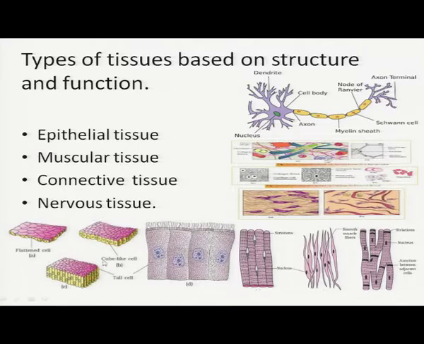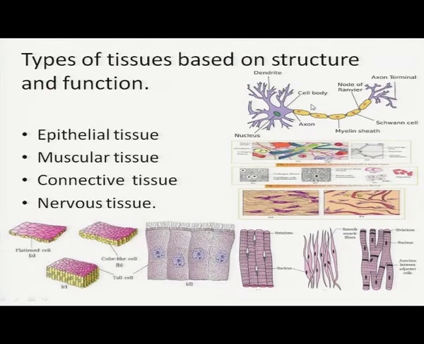First, here you can see the epithelial tissues, different types of epithelial tissues. Then muscular tissues here, different types of muscular tissues. Now, see the different types of connective tissues, and here you can see the nervous tissue, neurons.